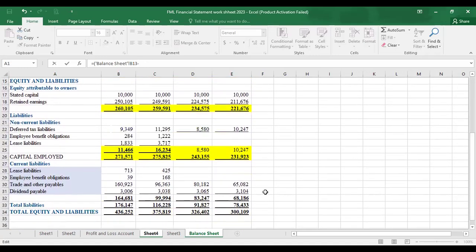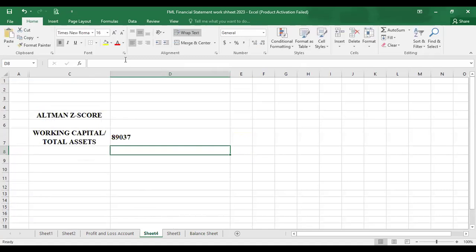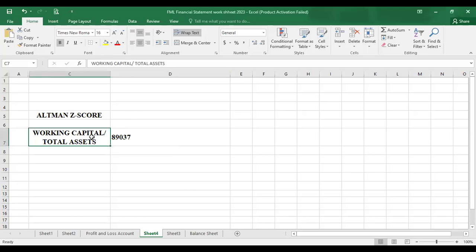And the current liability for 2020 is 164.18. Okay, so that is our working capital.